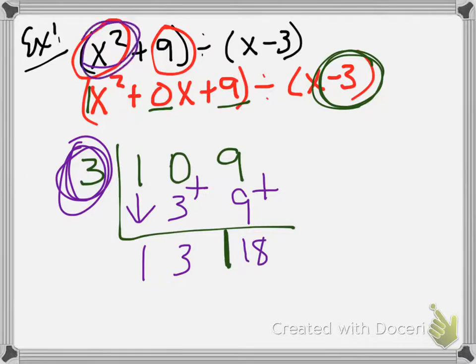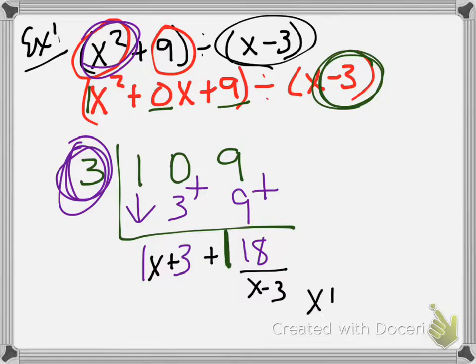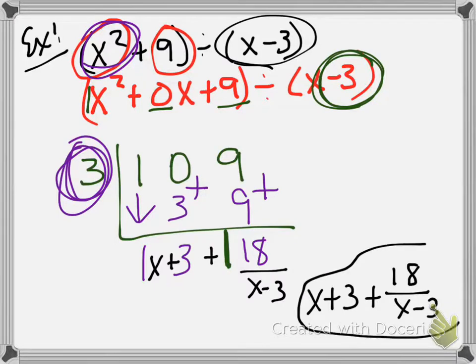This was x squared, so in my answer we go 1 less, so 1x plus 3 plus 18 over the divisor, which was x minus 3. So I'm just going to write it one more time for you. x plus 3 plus 18 over x minus 3 is what I get when I divide x squared plus 9 by x minus 3.